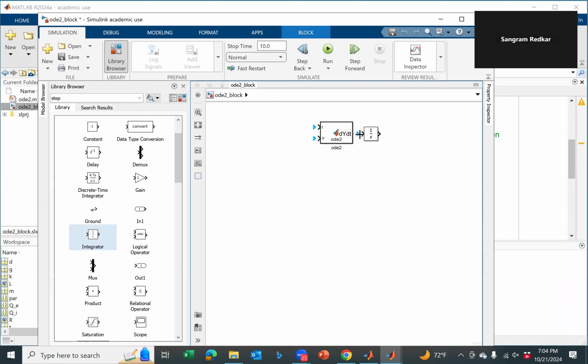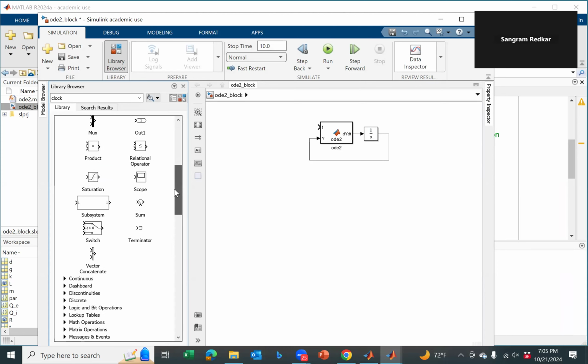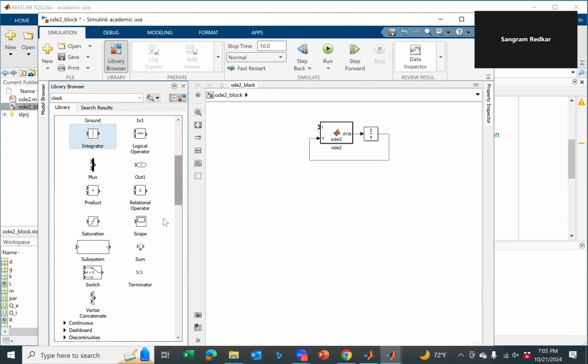You'll take this integration from here, then you need to feed this back here again. And then you need a clock, or you can connect that to ground. And then basically you can run this code.